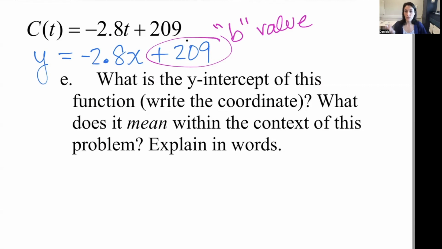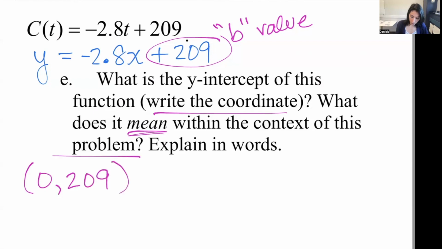It's a point, so it's an ordered pair. We're used to, when we're asked this question, just saying 209. But notice it says write the ordered pair, because that's also going to help us identify what it means in this problem. So the y-intercept is going to be (0, 209). That is the y-intercept as an ordered pair.